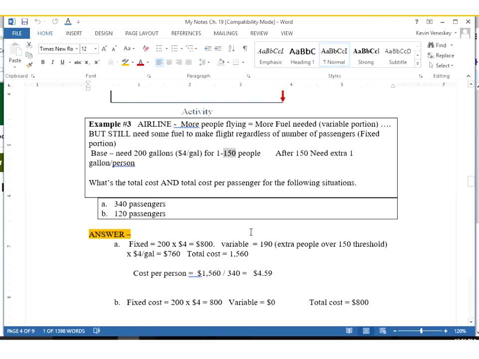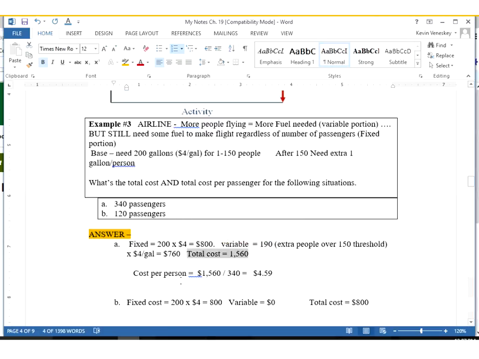Remember, I can seat up to 150 without any extra gas. Well, I have 340. That's an extra 190 people at $4 a gallon, because remember, each person requires 1 more gallon. So 190 gallons at $4 a gallon is $760. So my total cost would be my fixed cost at $800, plus my variable at $760.